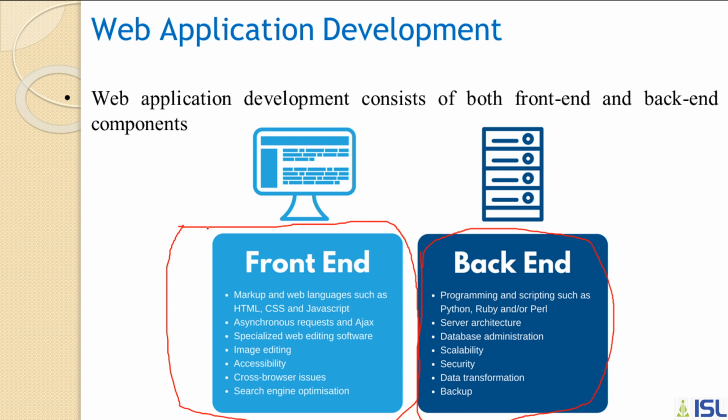In the same way, for the front end and the back end, there are so many applications, so many softwares. Based on your requirement, you need to select the software and develop the website.